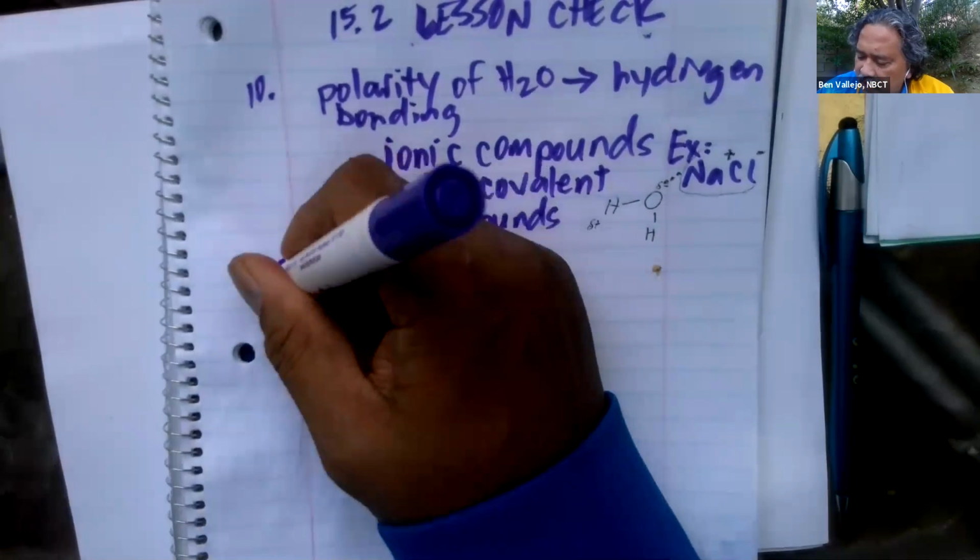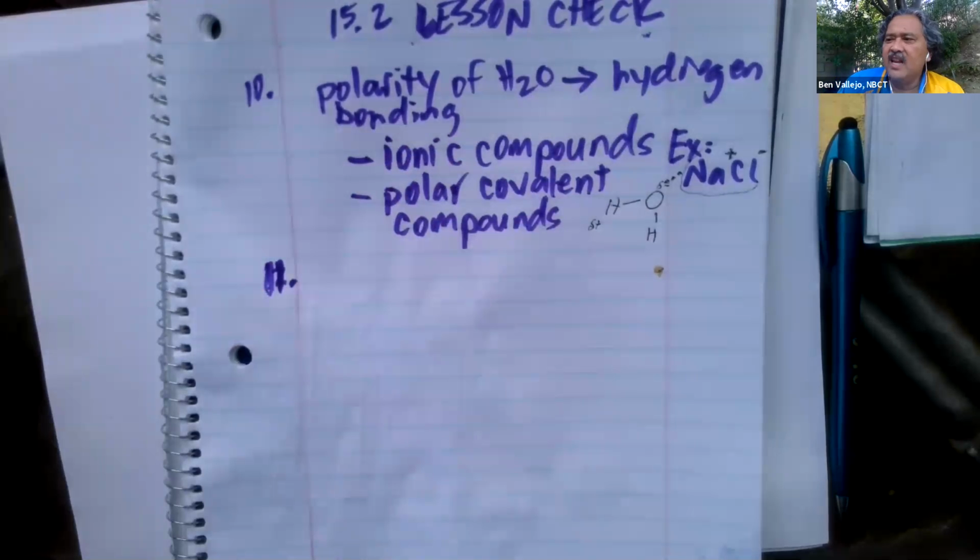Here's number 11. 11 comes after 10. And the question is, and hopefully you have your book, but it says what properties of all ionic compounds make them electrolytes?